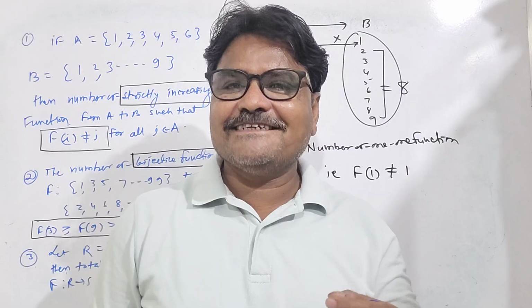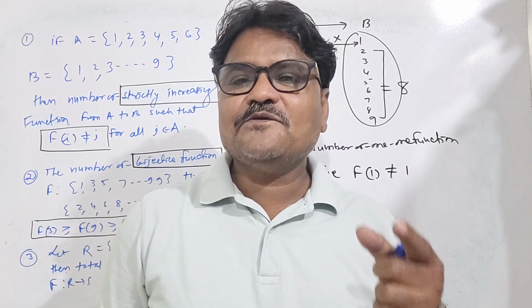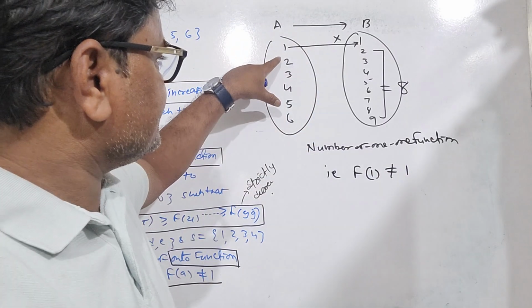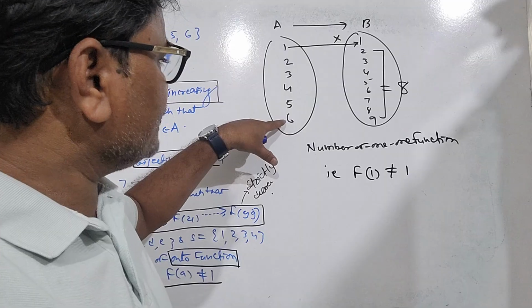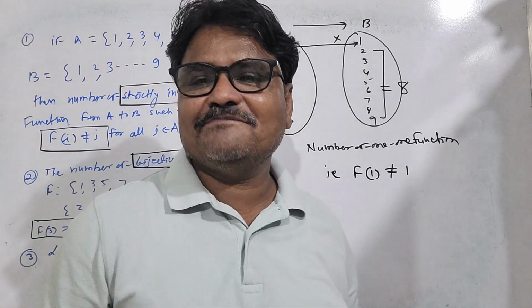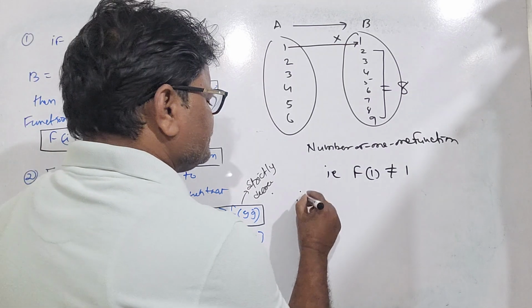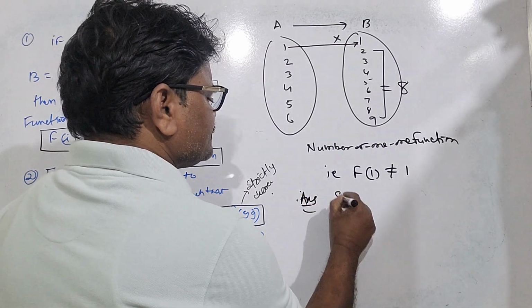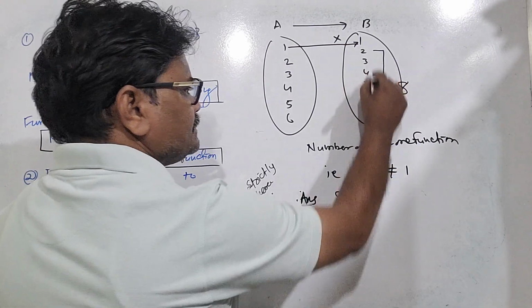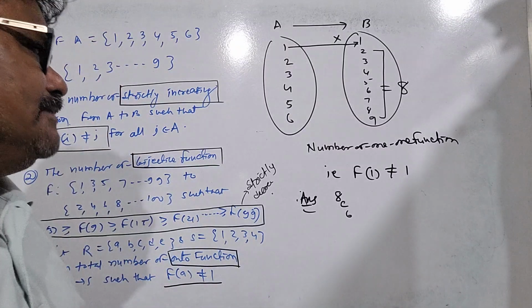Correct? Those 6 elements are distinct, and we have to associate these 1, 2, 3, 4, 5, 6 in such a way that the function becomes strictly increasing. So the simple answer is select 6 out of these 8 elements.